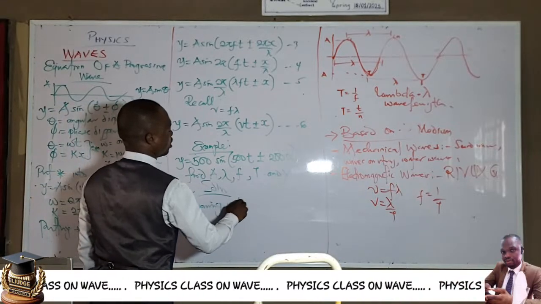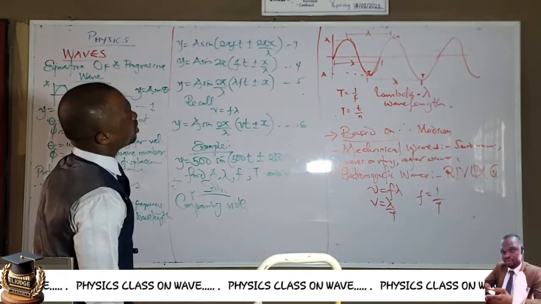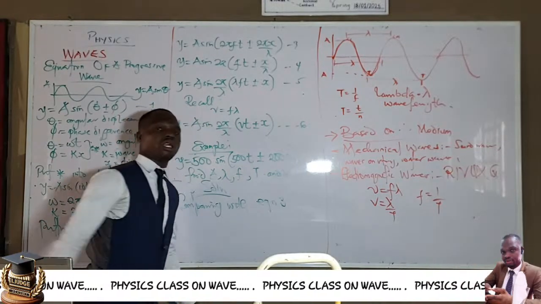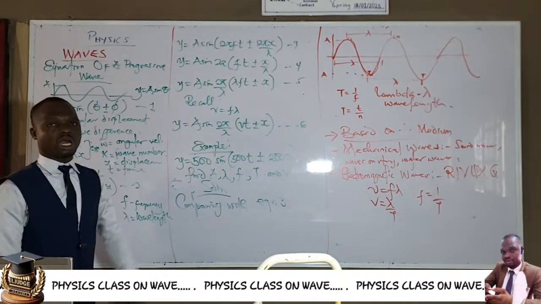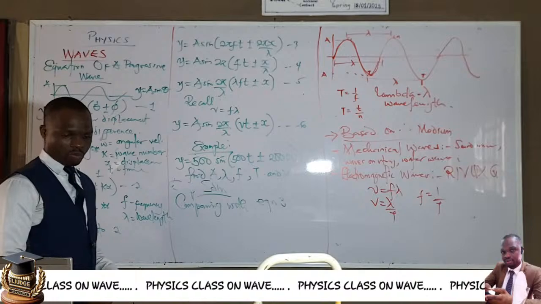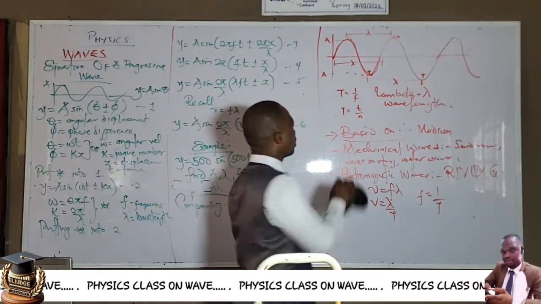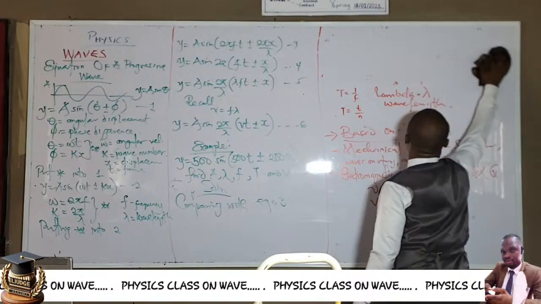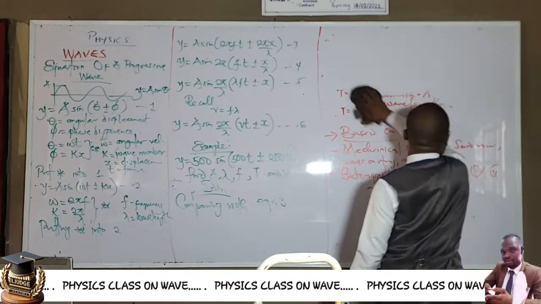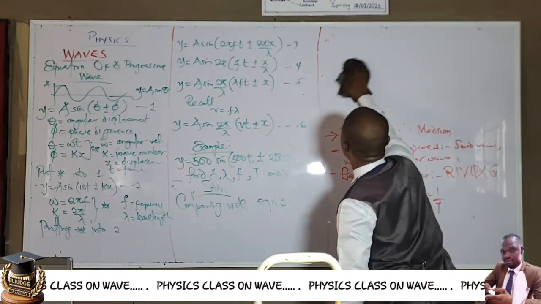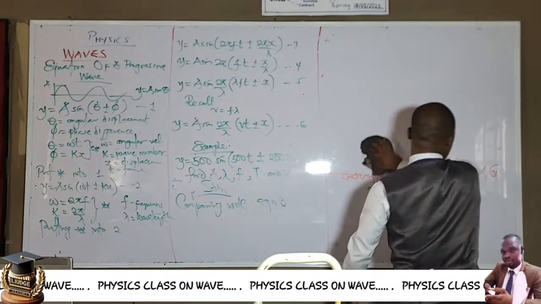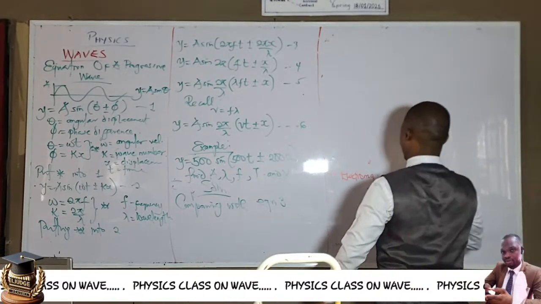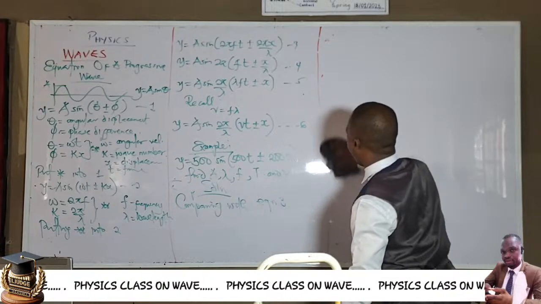The equation that looks so much like what we have here is equation 3. So we are going to compare it with equation 3. When you compare this equation, we'll be able to solve for everything we were asked: the frequency, wavelength, and so on.